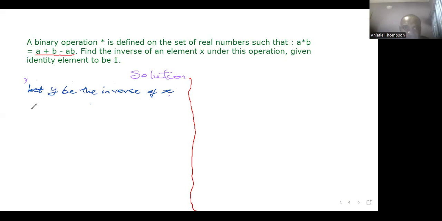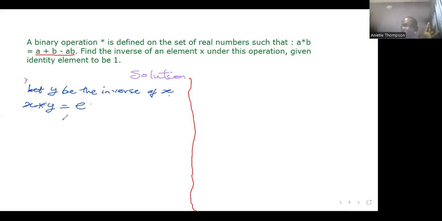So if y is the inverse of element x, then x operator y must give us the identity element. Don't forget, an element combined with its inverse, with respect to the operator, always gives an identity element.